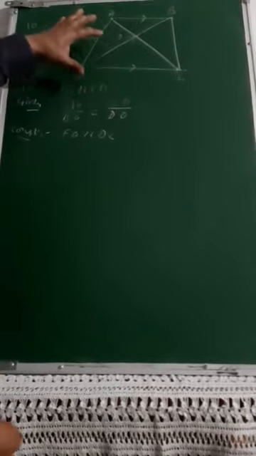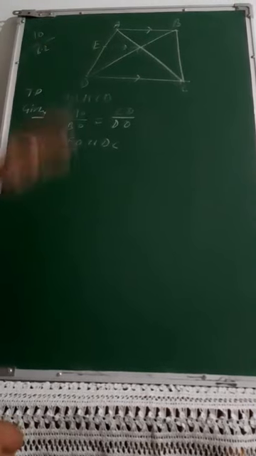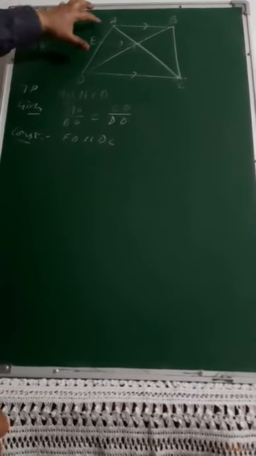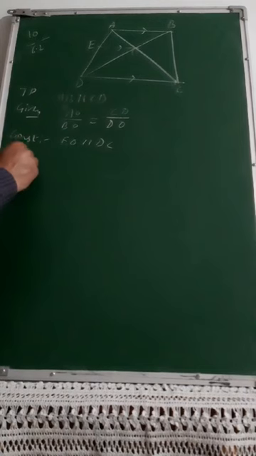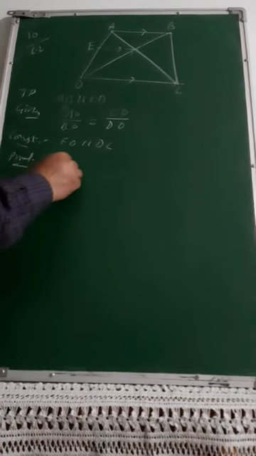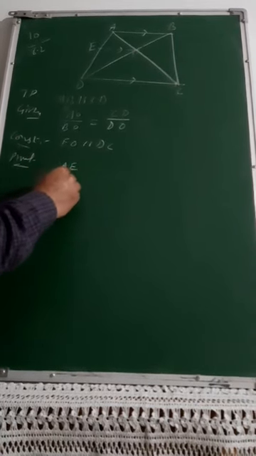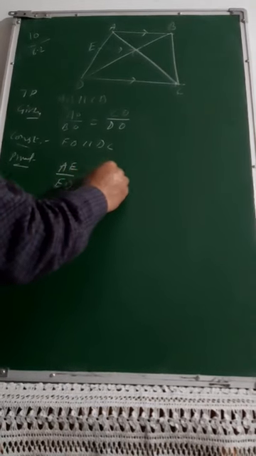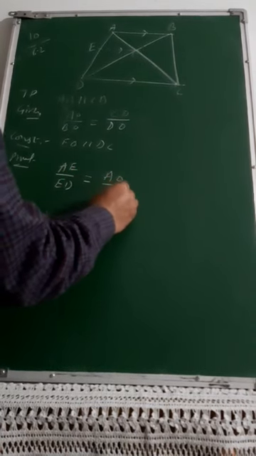Suppose I've done the construction here, EO is parallel to CD. So again I'm in a position to apply that theorem, that is AE upon ED is equal to AO upon OC.